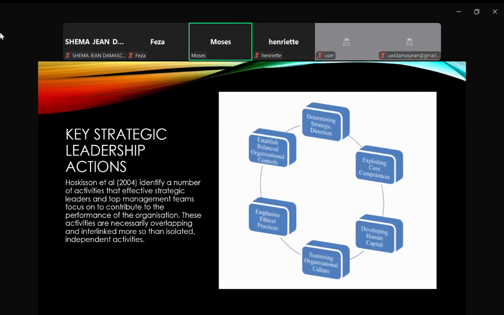What you usually get in your examination is these key strategic leadership actions.